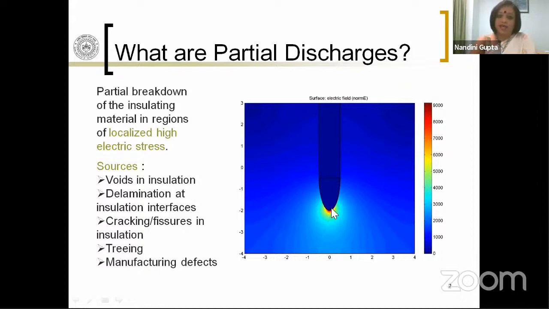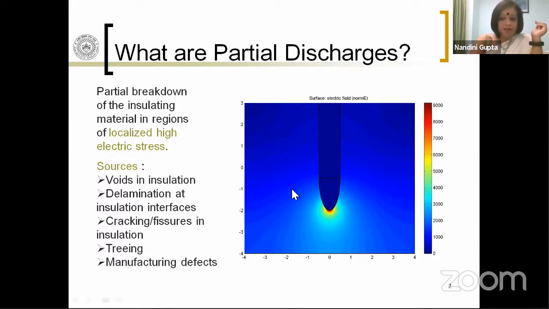But as you reach near the needle point, the field gets higher. The yellow region has a high field, and the highest fields are in this red region, right next to the needle tip. This blue region may be something like 10 kV per millimeter, which is well below the breakdown strength of air. And that's fine. We don't have a problem here.